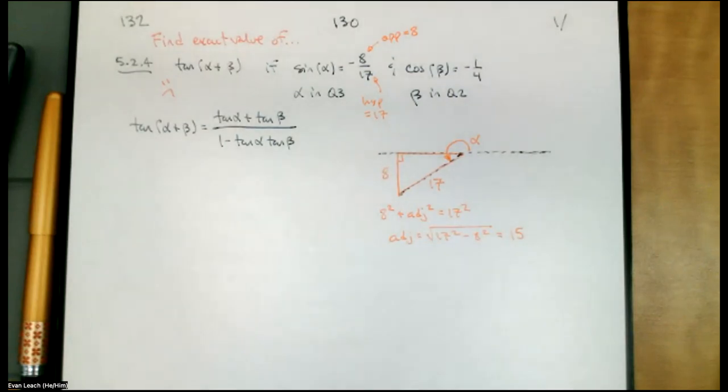So the adjacent works out to a nice 15. So we've got an 8, 15, 17 triple. Could have saved ourselves some calculation if we recognized that.